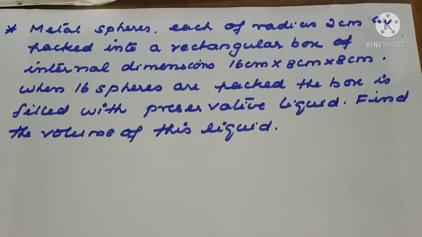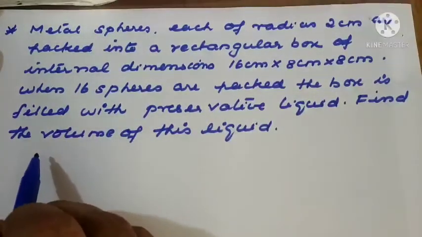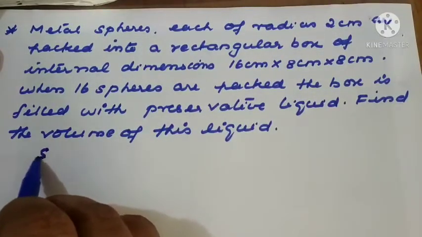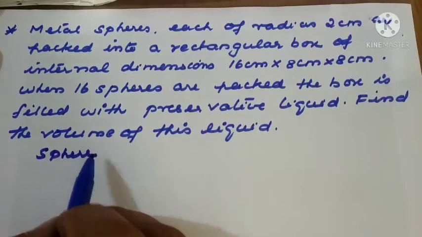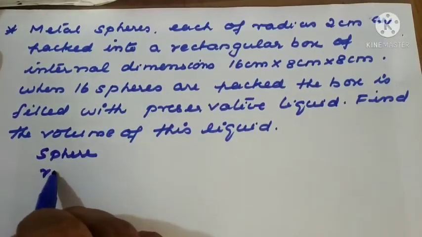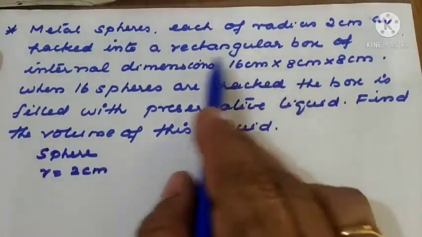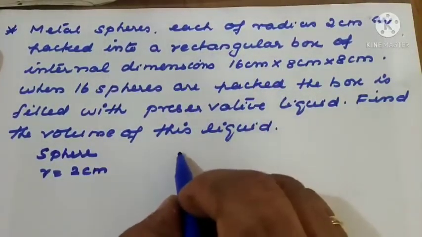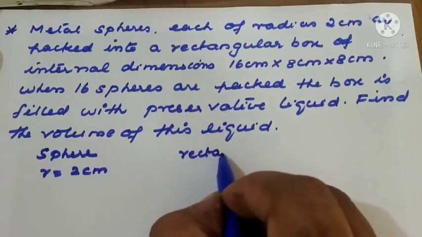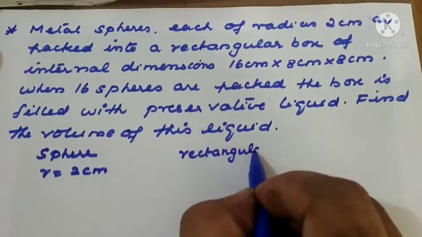So the radius of the metal sphere is given, that is radius 2 cm. So we'll write here sphere radius equals 2 cm. And the dimensions of the rectangular box. Rectangular box means it is a cuboid for us.